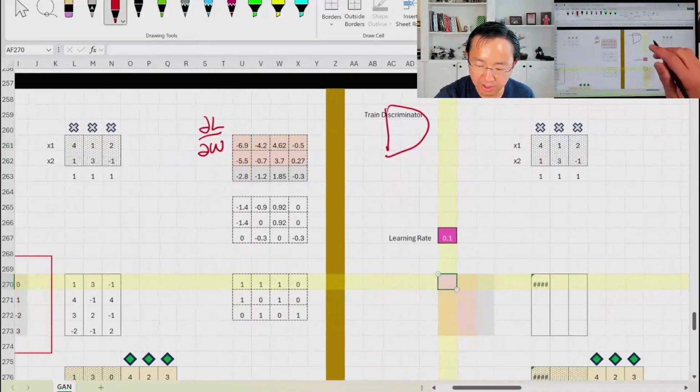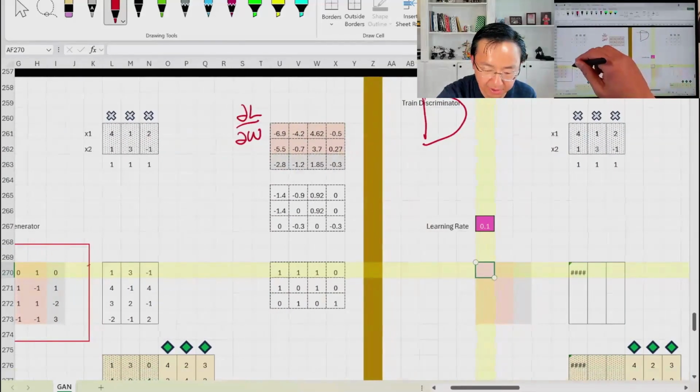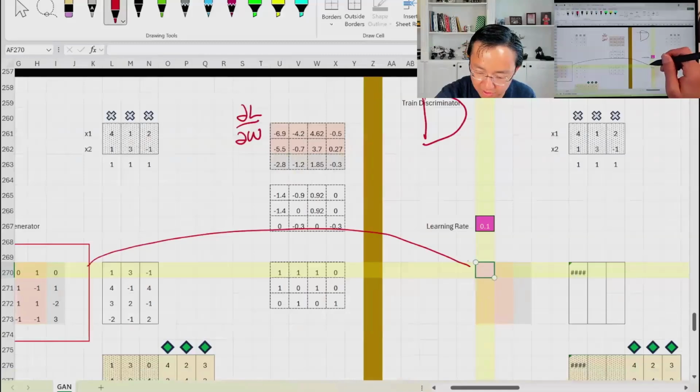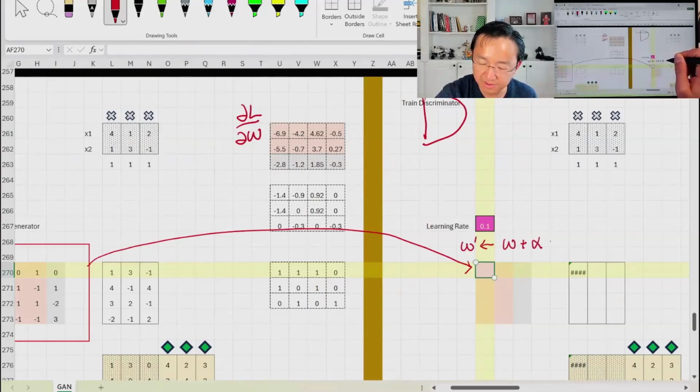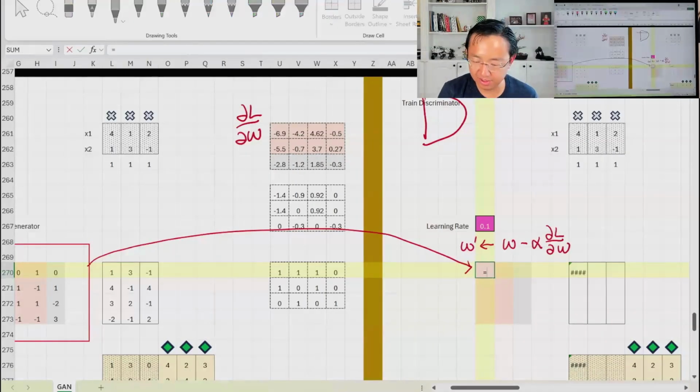The equation is that I would like to update my generator weight over here to get the new weight. The new weight, W prime, should be W plus the learning rate times the derivative, the gradient. Can I make a mistake here again? Gradient descent, this is minus, not plus. Now let's write this out.